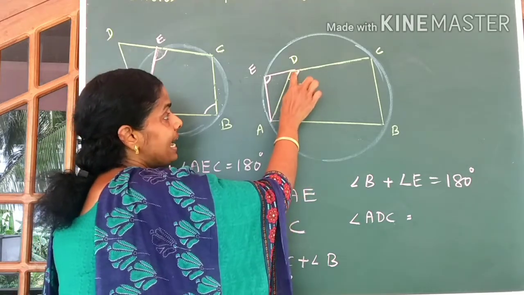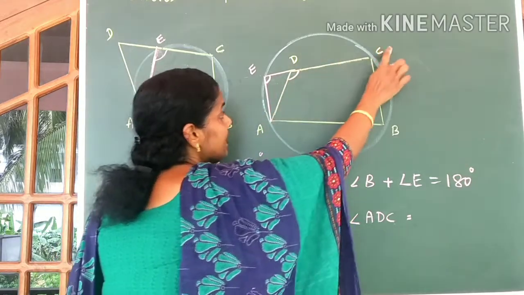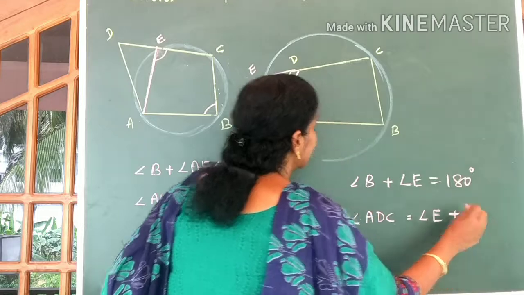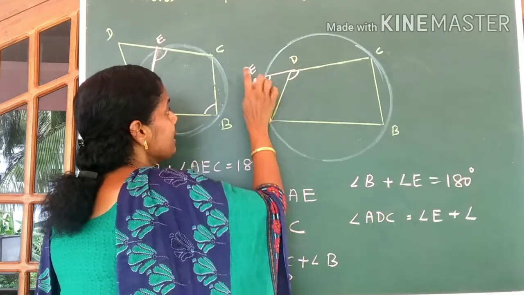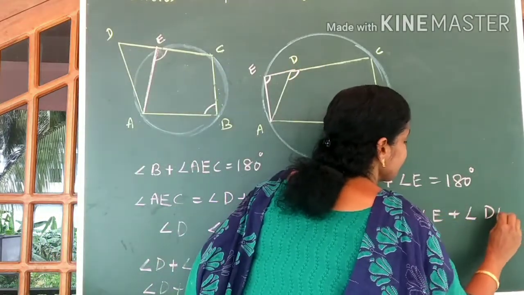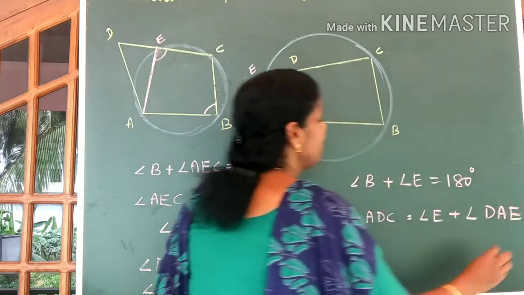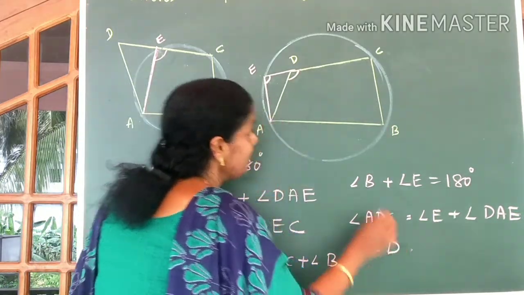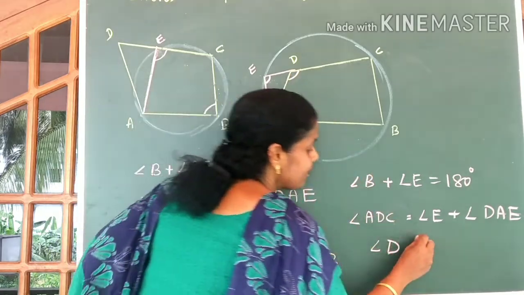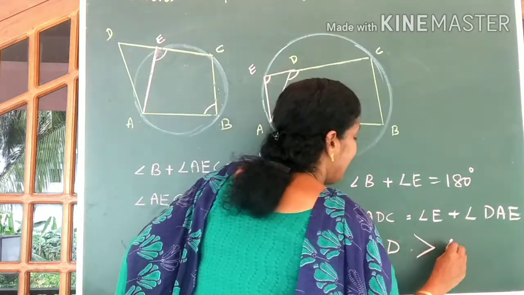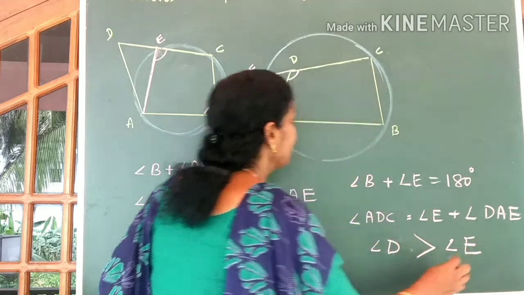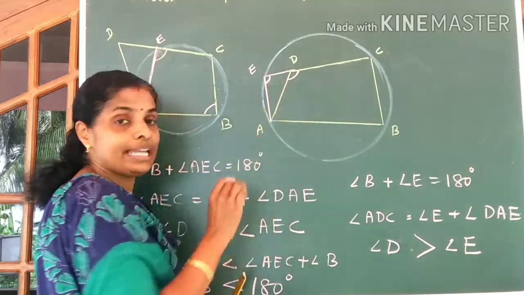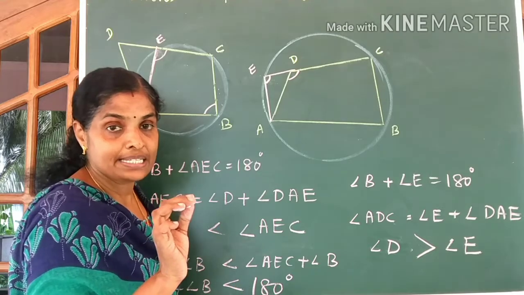We can write angle ADC to be angle E plus angle DAE. So from this we can understand angle D is greater than angle E because angle D is the sum of these two angles. Do you understand?